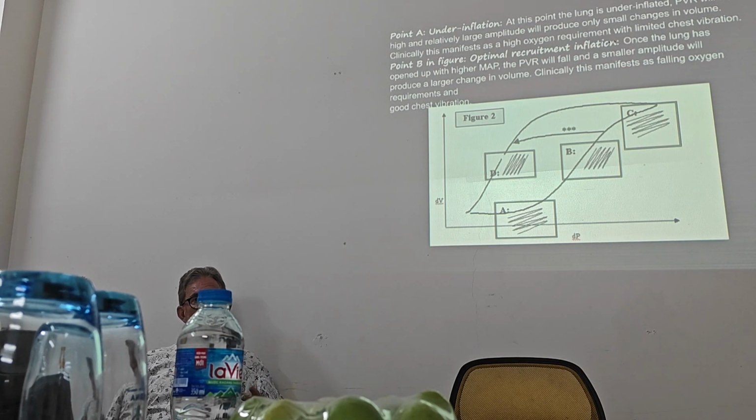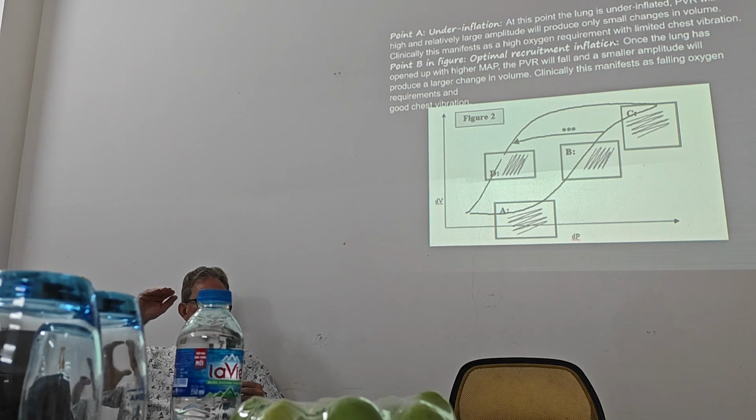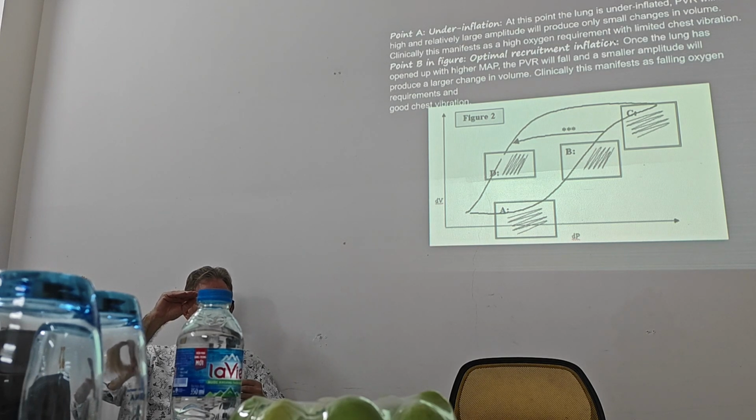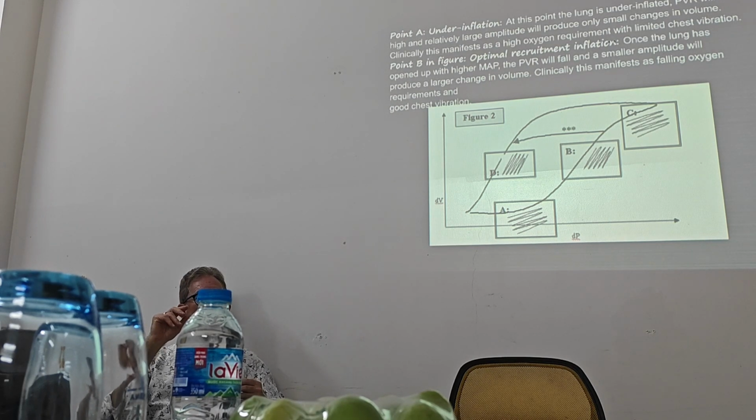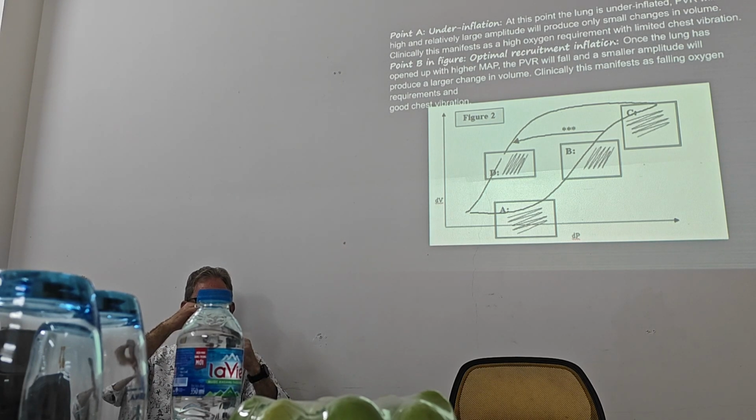So what you do is you then start doing the reverse, and you go back on the mean airway pressure by 1, wait for 2 or 3 minutes. And you keep doing that as long as the oxygenation stays the same. You then reach a point where you go 1 step more and the oxygen requirement starts to go back up.